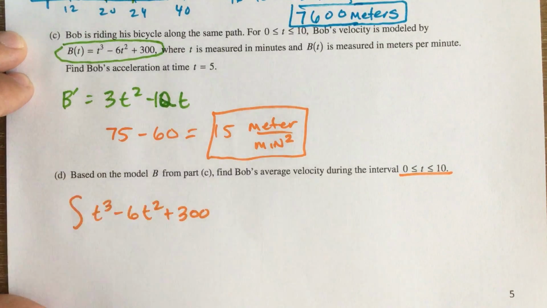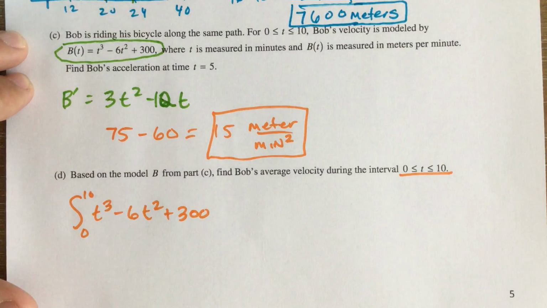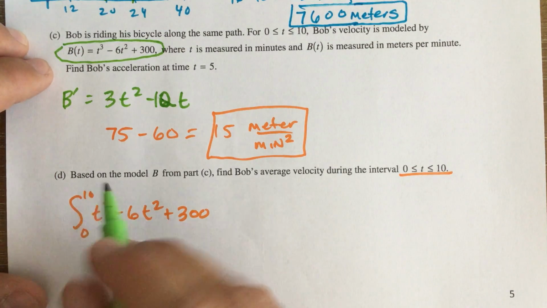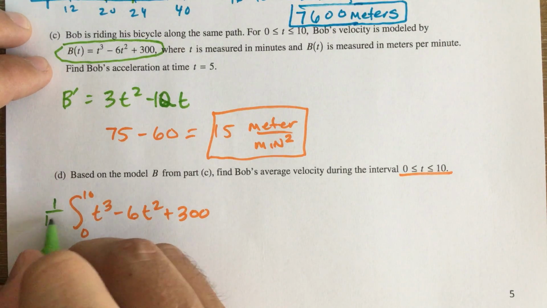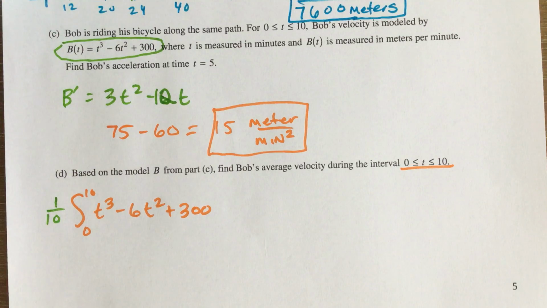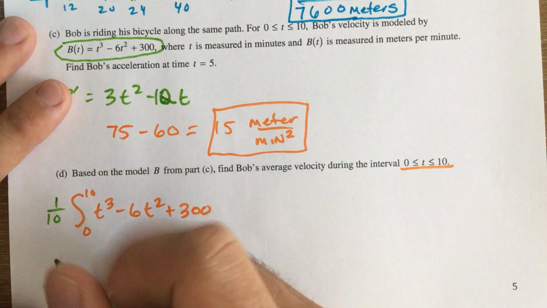and I'm going from 0 to 10. And this is adding up all the velocities over that interval. Now I want to break it back down over the interval. So I want to divide it by 10. Okay. If it was calculator, this would be worth a point, and then just the answer would be worth a point, but here I have to actually go through the process.